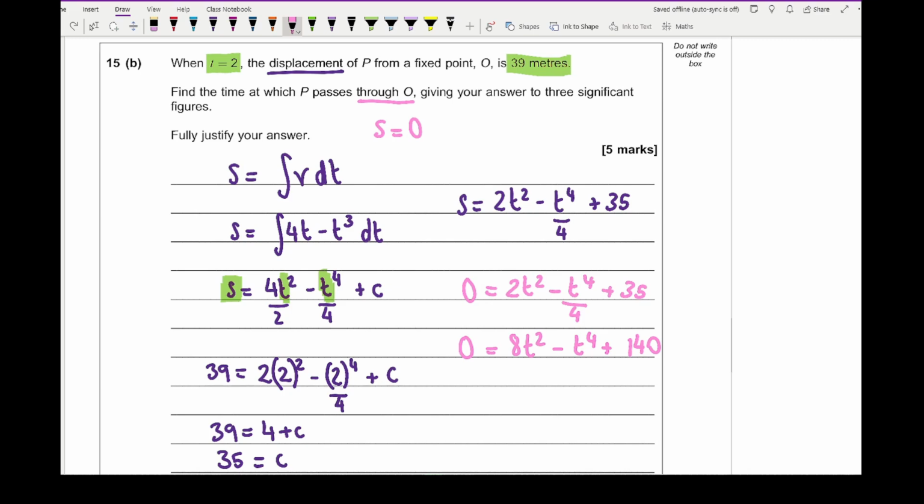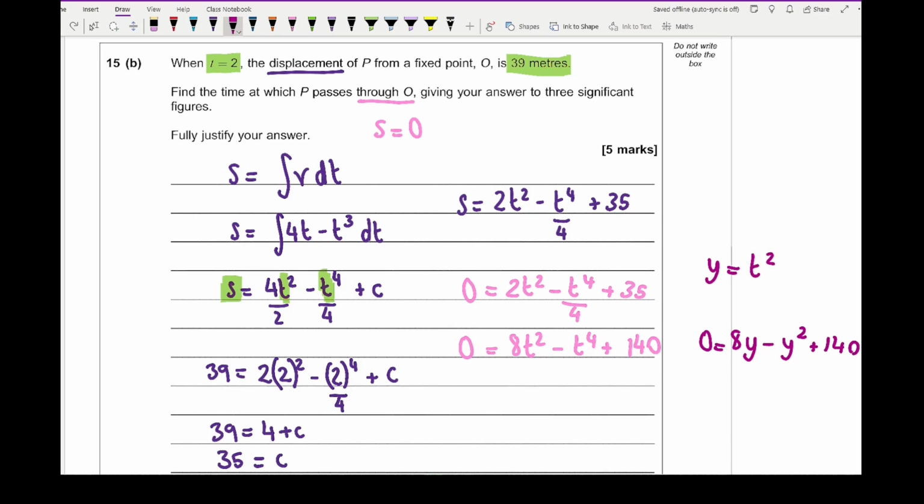So if you were to rewrite that as a second quadratic, you could have a new term being introduced. So you could have 0 is equal to 8y minus y squared plus 140, where y is equal to t squared.